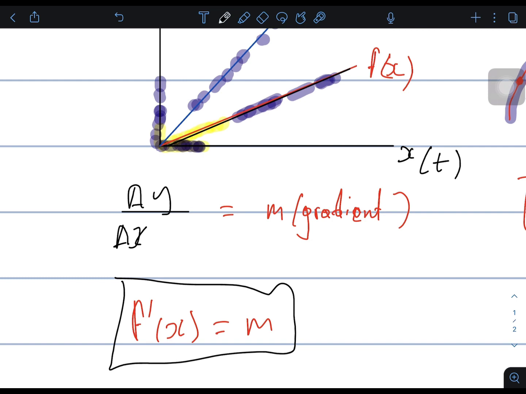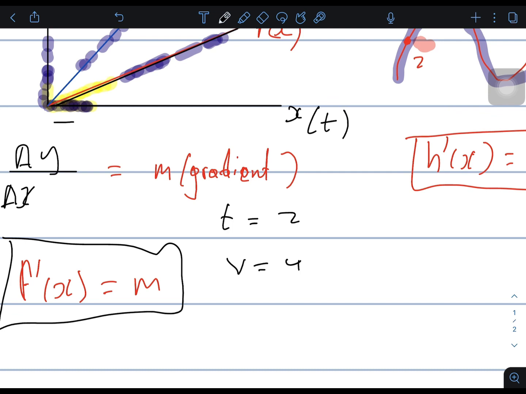We have found that if time increases by a 2 second interval, then velocity will increase by 4 meters per second. So if we add 4 seconds, the velocity is 8 meters per second.